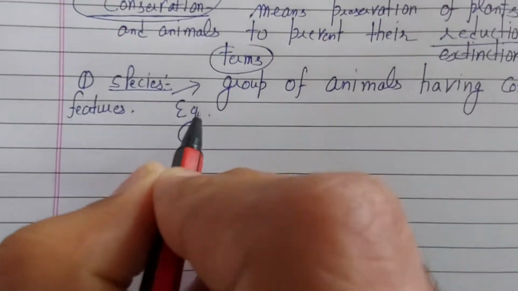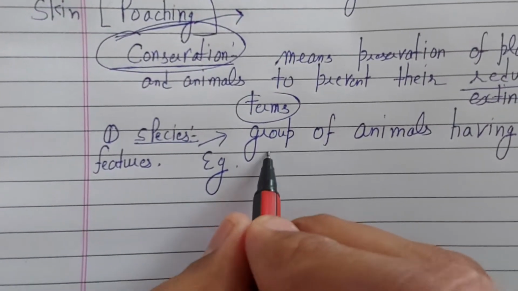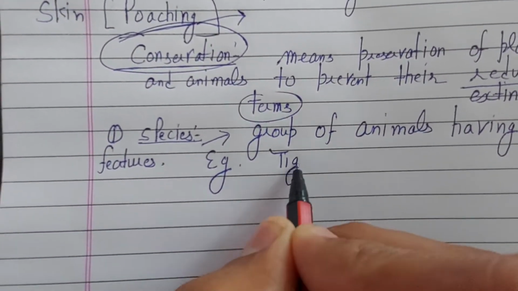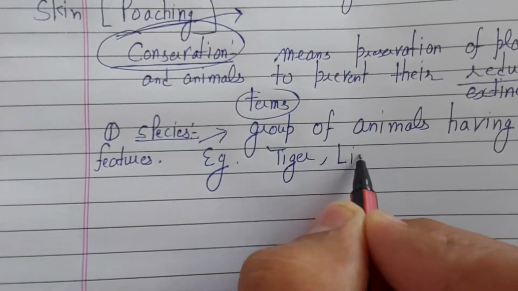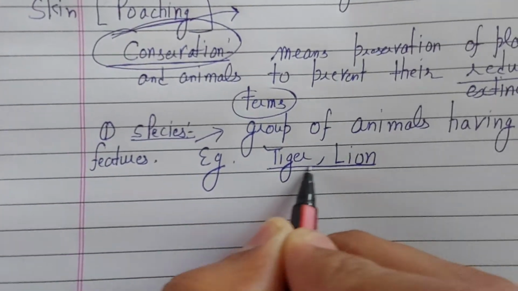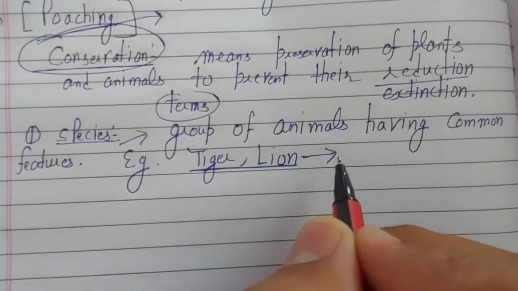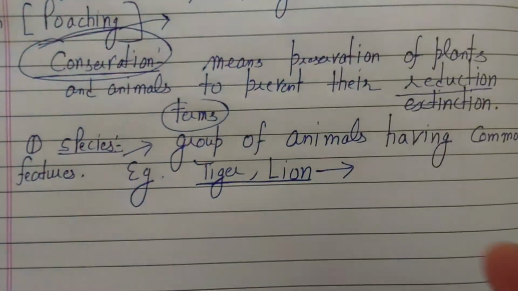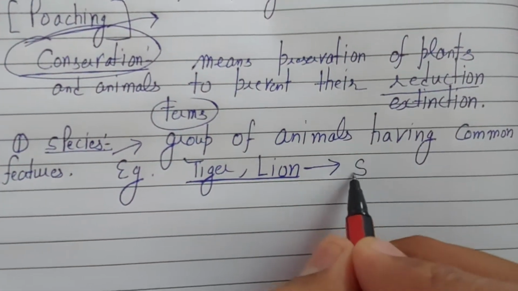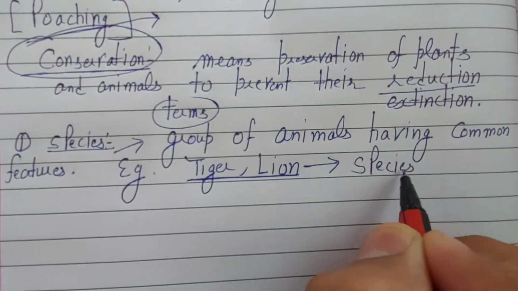You can take the example of the tiger and lion. They belong to the same group of species, which means their ancestors are the same.